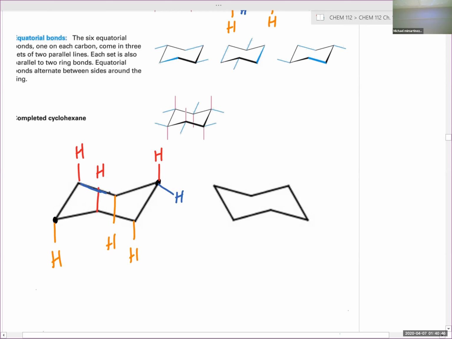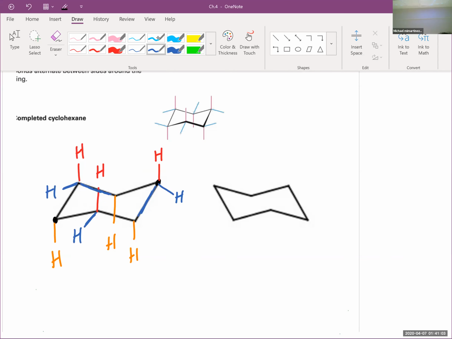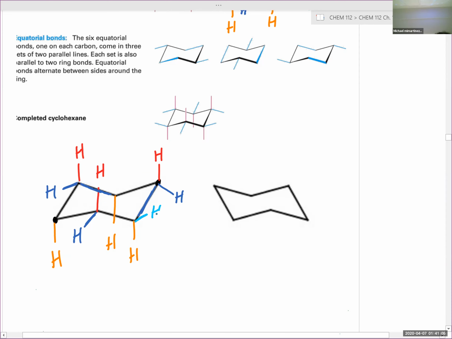Remember that they're always parallel to the carbon-carbon bond in the ring. Then I fill in my second set of equatorial hydrogens that are pointing up.